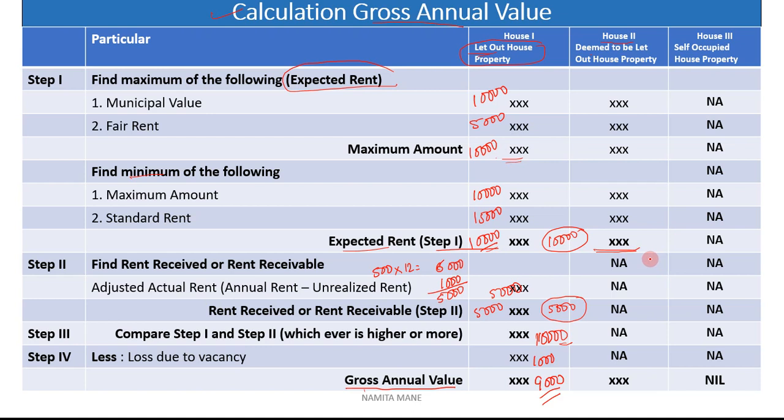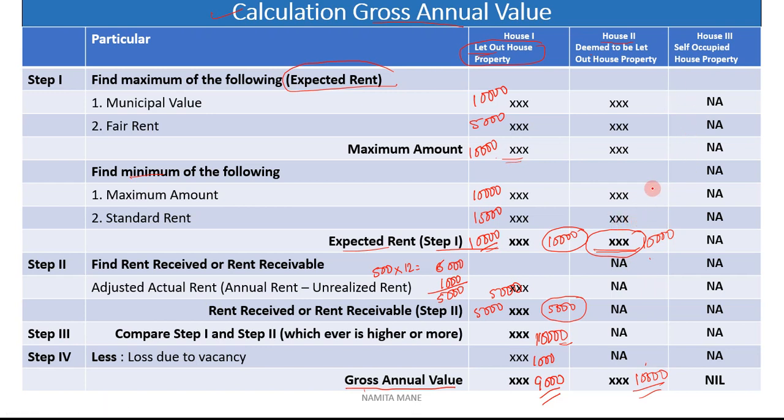Step 2 to step 4 are not applicable in the case of deemed to be let out house property. Whatever amount you get as accepted rent, that is 10,000 rupees, will be considered as the gross annual value. So for deemed to be let out house property, step 2, step 3 and step 4 are not applicable. Only step 1 is applicable.